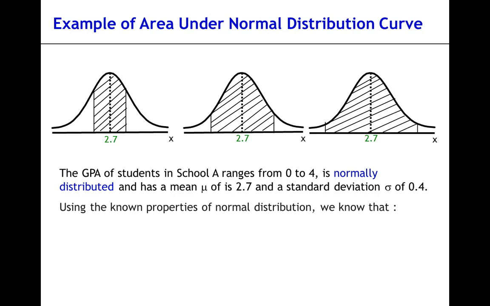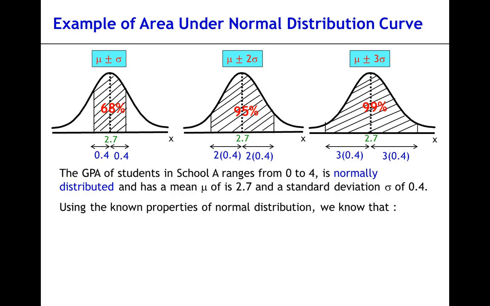Using the known properties of the normal distribution, we know that about 68% of the area under the curve is within one standard deviation from the mean mu. About 95% is within 2 standard deviations from the mean. And about 99% is within 3 standard deviations from the mean mu.